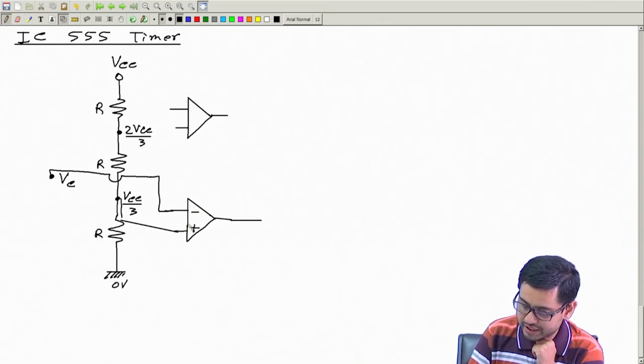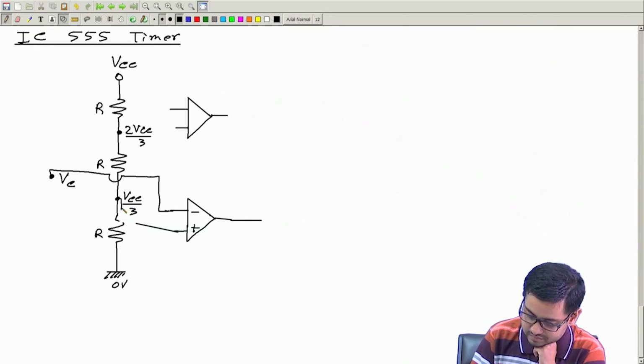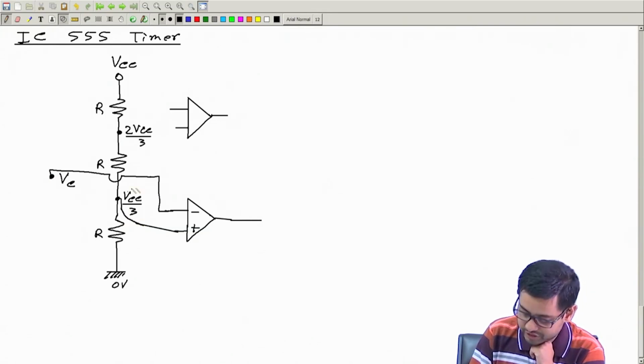So, this output will tell me if VC is higher or lower than VCC by 3.